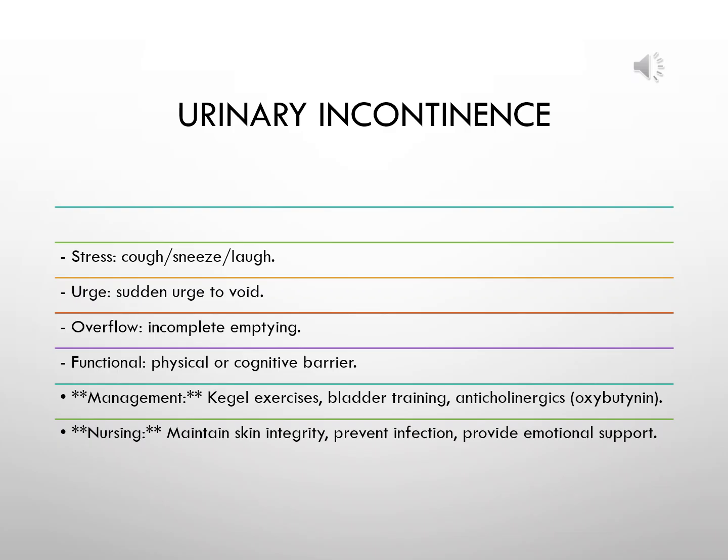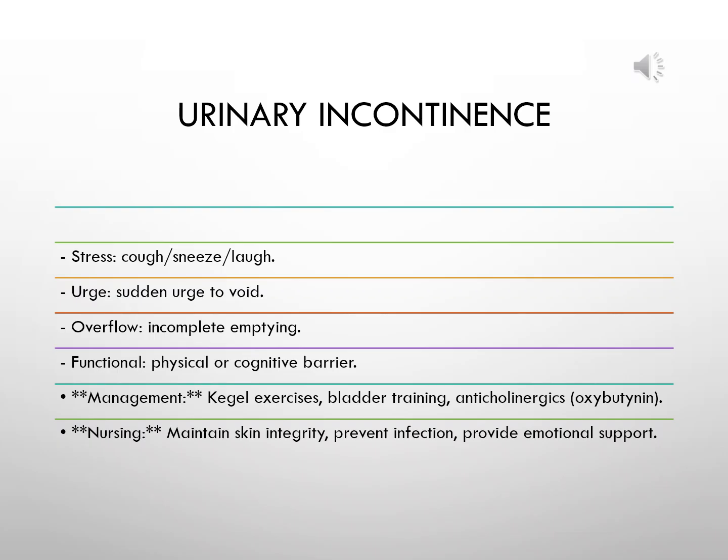Then we have urge incontinence. So this happens when there is a sudden intense urge and an involuntary loss of control. Oftentimes this is from overactive bladder or a neurological disorder like stroke or MS. So these are the people who will come in and say that they can't get to the bathroom in time, that they hurry to the bathroom, but they end up wetting themselves.